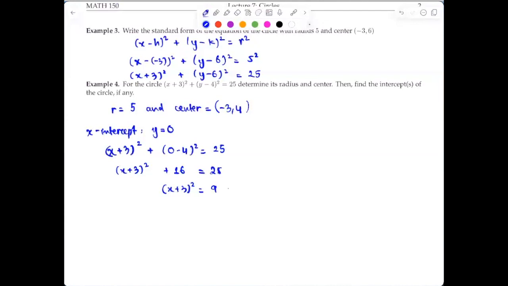You get two values. x plus 3 equal to positive 3 and x plus 3 equal to -3. So for the first, you solve these two equations separately. You get x equal to 0 for the first equation and x equal to -6 for the second equation.